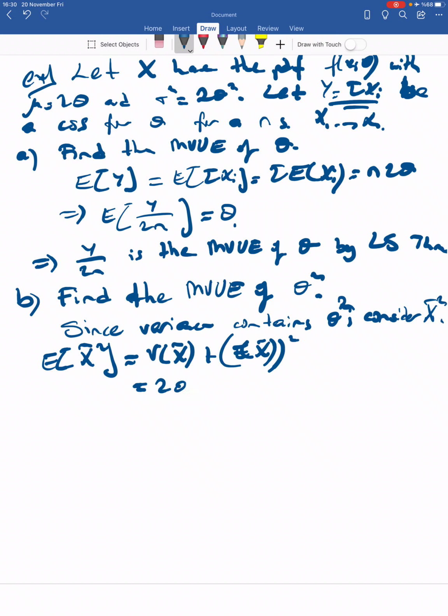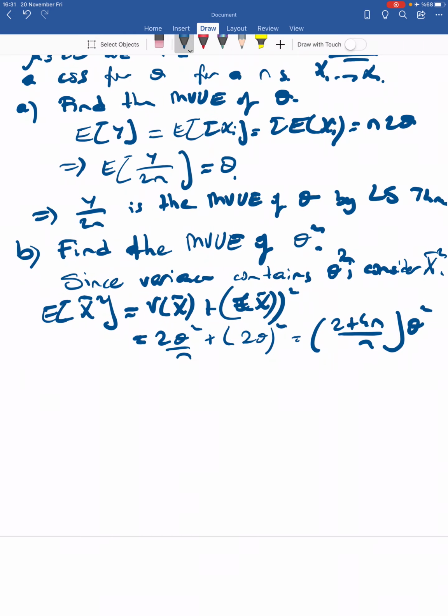It is 2 theta squared, it's already given. What is the variance of x bar? We have to say over n. Then 2 theta, take the square of that one. So what we have here is (2 plus 4n) over n, times theta square. Okay, so it's easy to keep theta square alone here. If we multiply x bar square by this, we will have theta square.